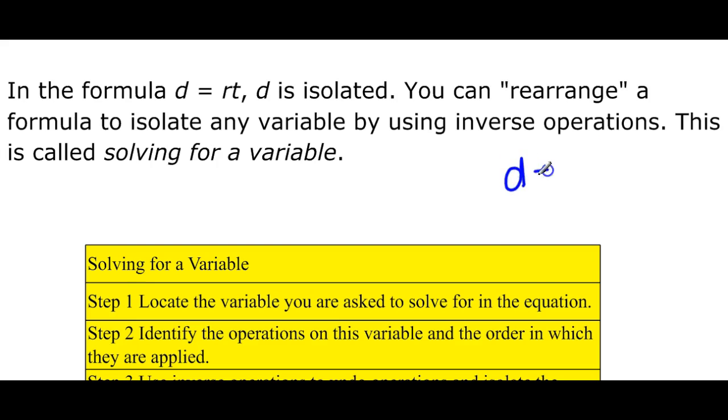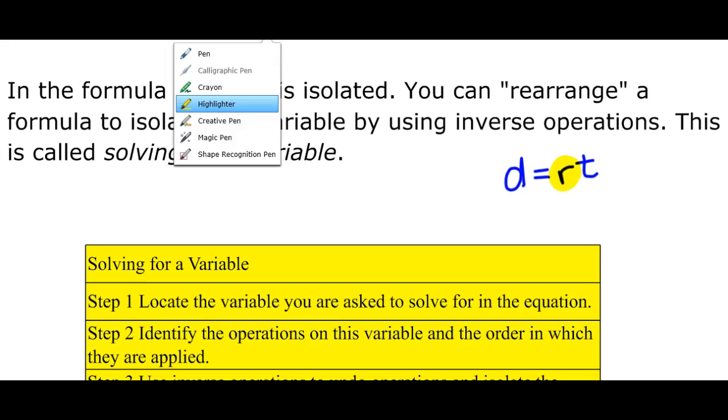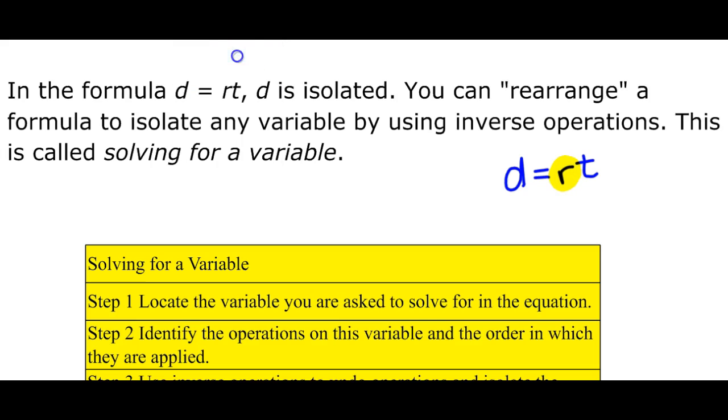So for instance, D equals RT. If I were to ask you to solve for R, the first thing it's telling you is to locate where it is. Well, it's right here. There's the R right there. And then it tells you to identify what's happening to the R. Well, this R is being multiplied by the T. It's the only thing that's happening, so that's the only thing I have to reverse.